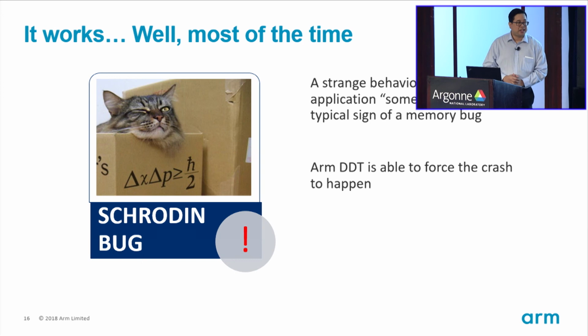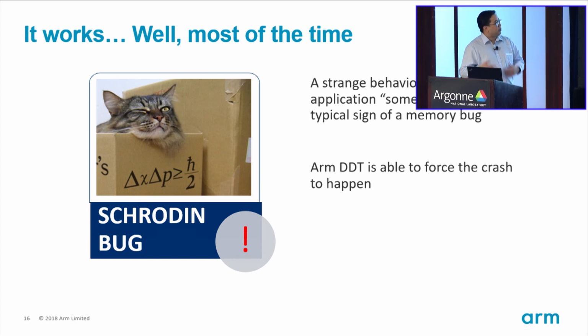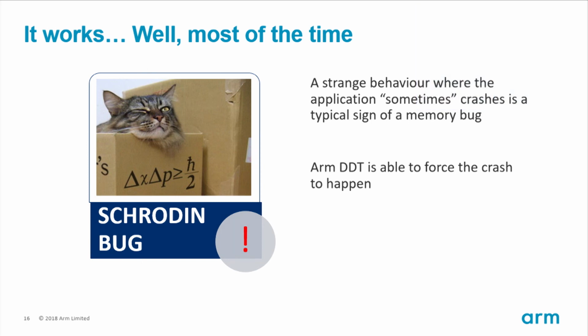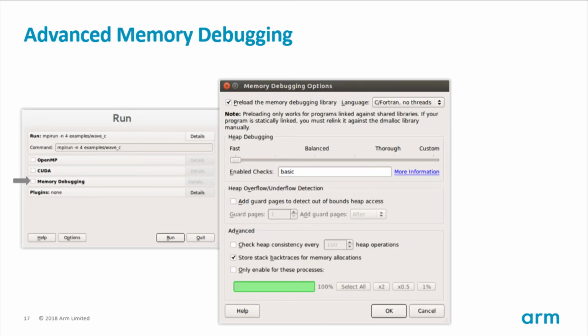At this stage in the game, if you can't reliably reproduce it, it's time to start debugging your application with some memory debugging libraries to track the source of this problem. And the way to do that within DDT is when you launch it with DDT in the run dialog, you just tick this checkbox, memory debugging, and then from there you're presented with all these memory debugging options.